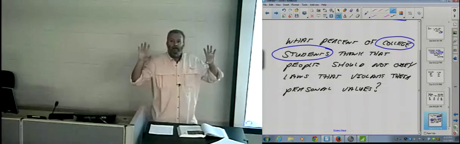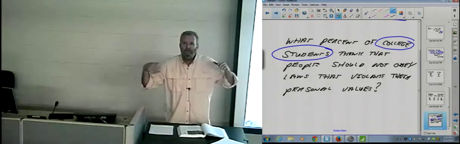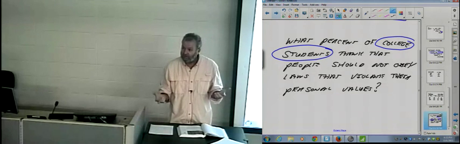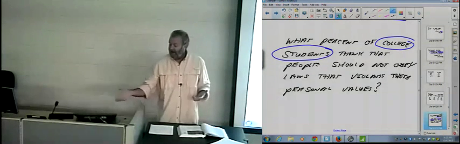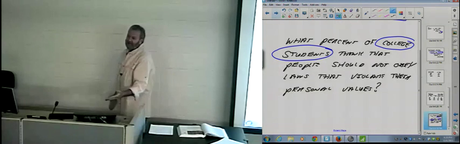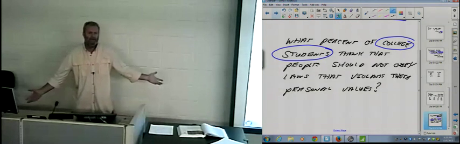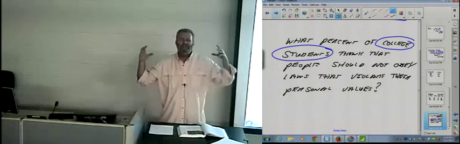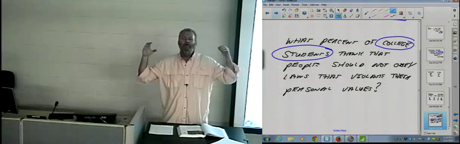Does everybody understand that if I want to know something about college students, there's a whole bunch of them? Millions? My question is, can I actually talk to every college student and ask them this question? No. See, that's the problem. In statistics, there's always this gigantic group we want to know something about.